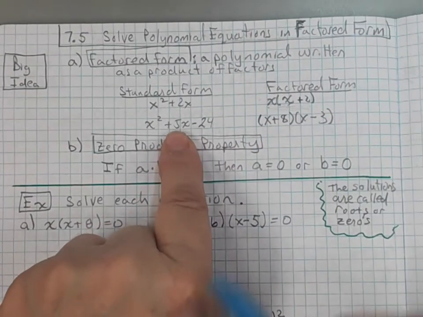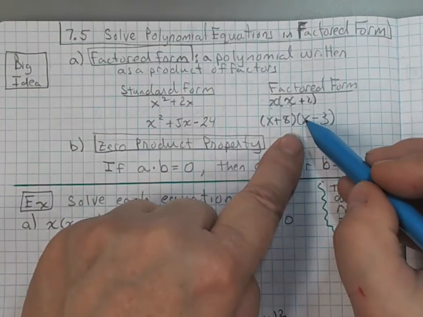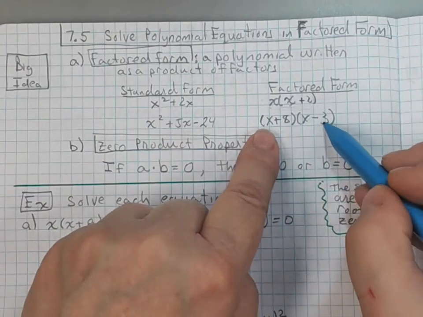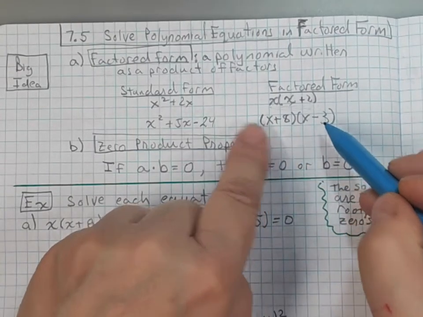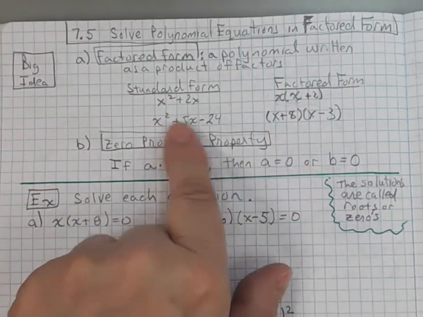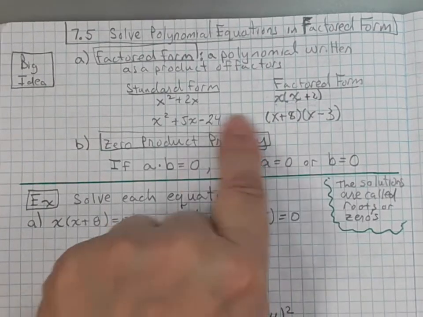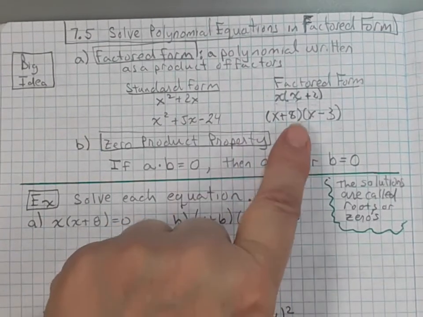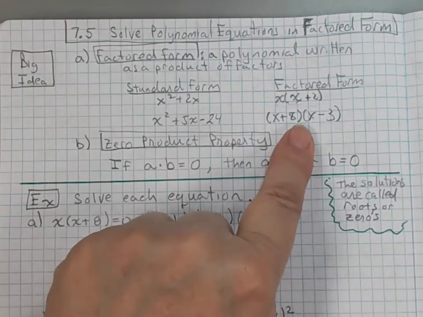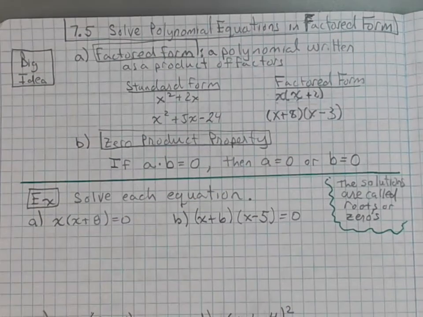And where does the 5x come from? Well, it comes from the two other multiplications, 8x and negative 3x. Those together give me positive 5x. So this is the factored form of that polynomial. We're going to give this to you today. We're not teaching you how to do the factoring. I just wanted you to recognize that we can rewrite a lot of polynomials in this kind of form.